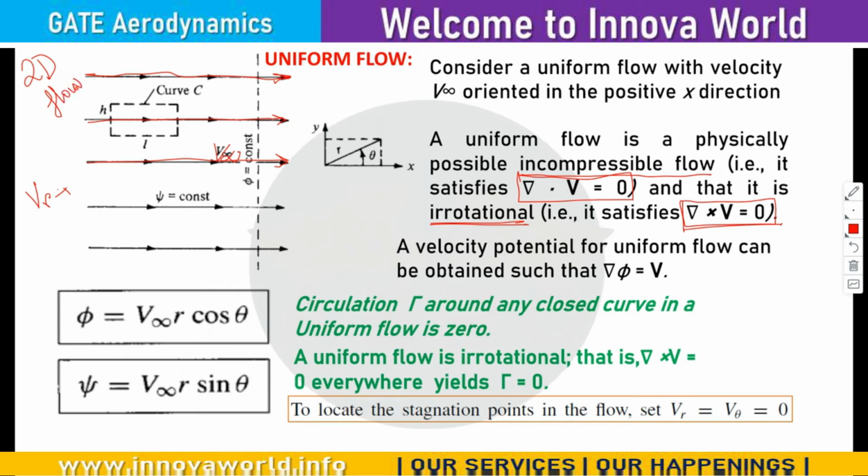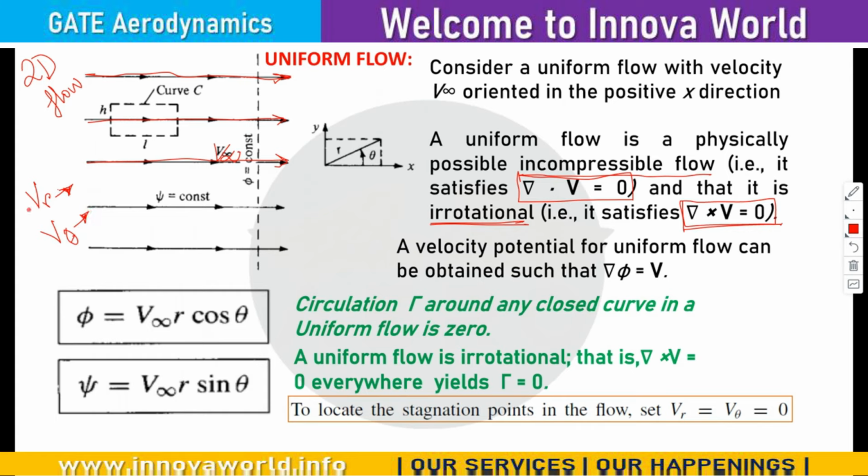When the flow divides, it splits into two different components: one is V r and the other is V theta. V r means the radial velocity, and V theta means the tangential velocity.